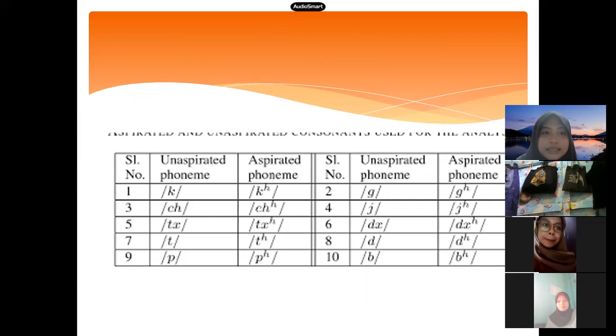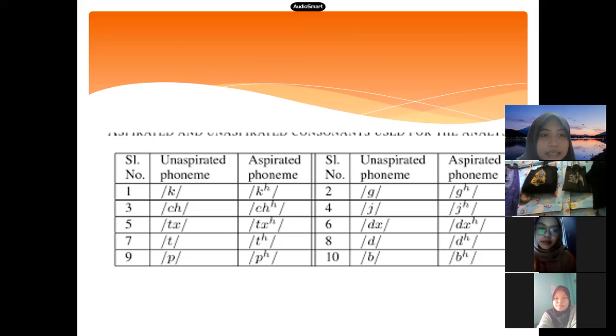So this is more examples of unaspirated and aspirated phonemes. So we have K and K. For unaspirated K, the example is cold. And for aspirated K, we have an example like king.